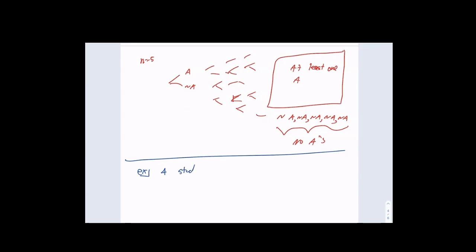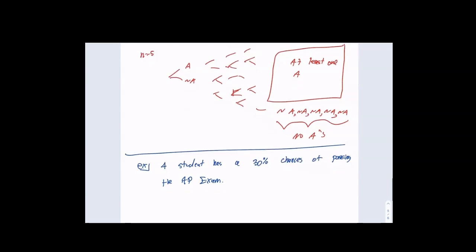A student has a 30% chance of passing the AP exam. Now, I could have also given you the percentages for a 1, a 2, a 3, a 4, and passing would have been if I added a 3, 4, 5. So let's say a student has a 30% chance of passing.